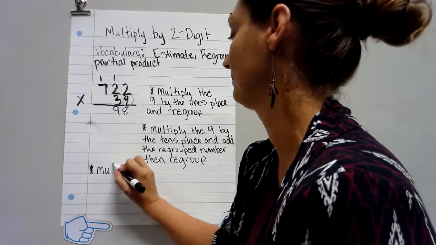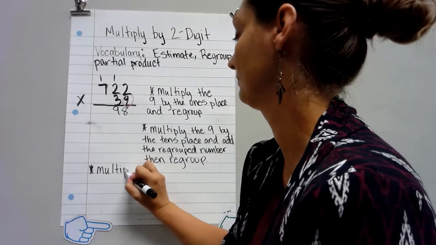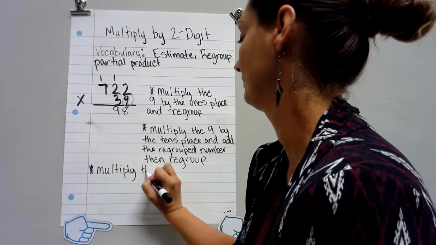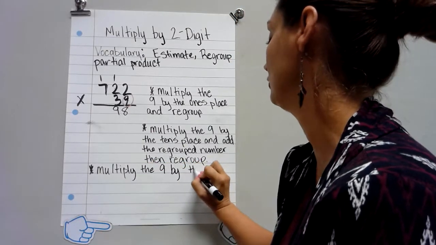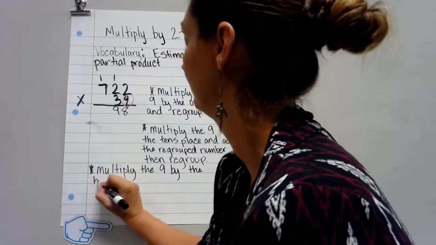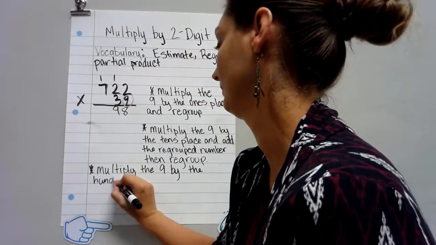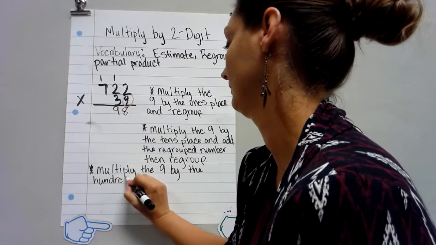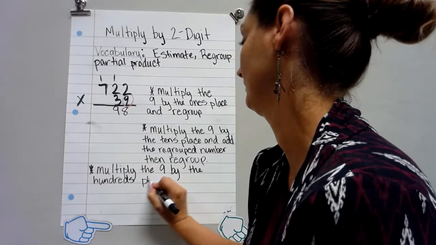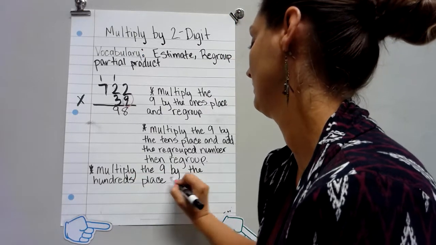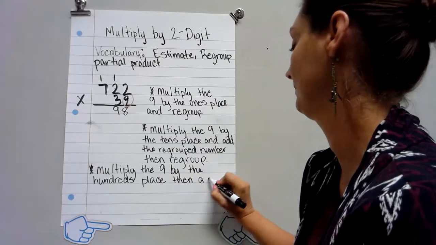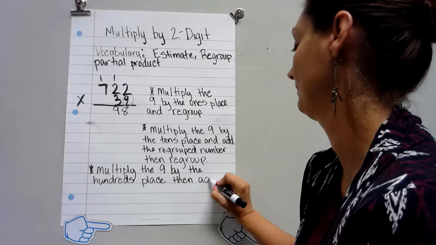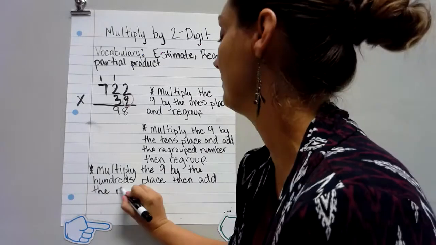Multiply by the hundredths place. Then add the regrouped number.